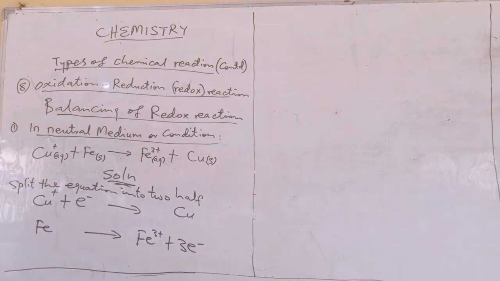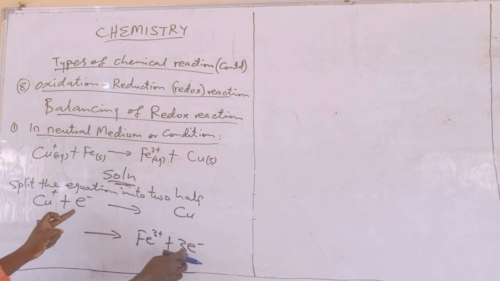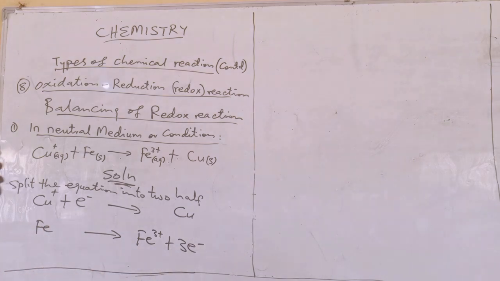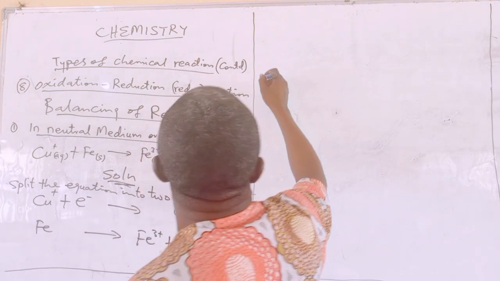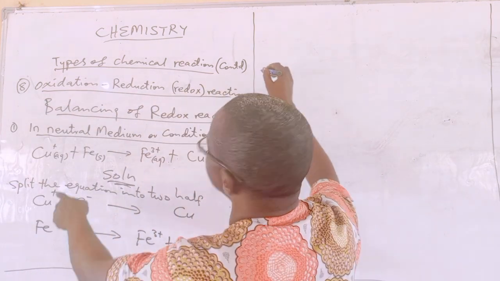So I've done that. Now, the next thing for me to do is to balance the electron. Since this is one, this is one, this is one, let me balance the electron. That was step 1.